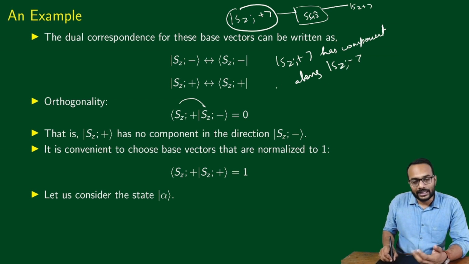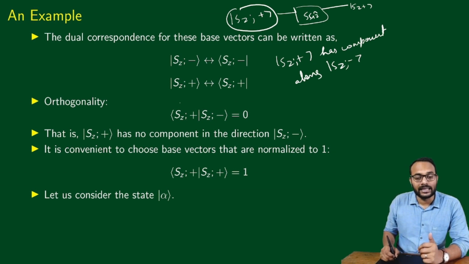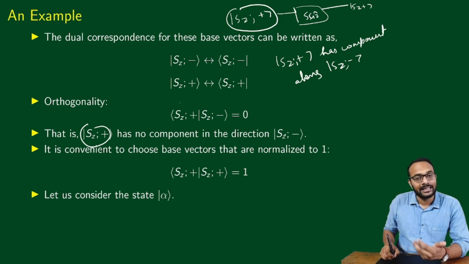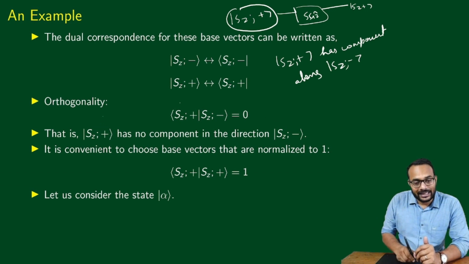We can say these are orthogonal to each other, or the inner product of Sz plus with Sz minus is 0. This is basically orthogonality, meaning Sz plus has no component in the direction Sz minus. Physically, this means that if you are measuring the z component of spin in this state, you will never get minus h cross by 2.